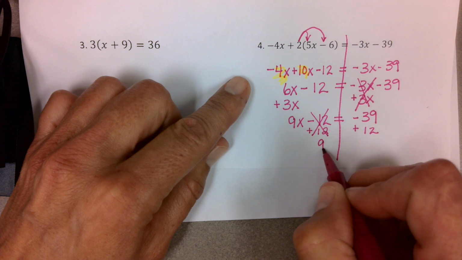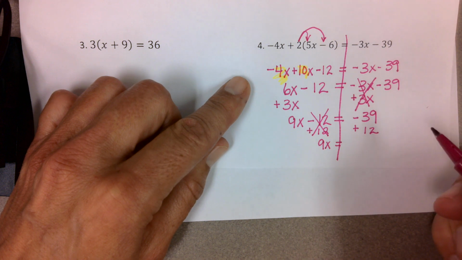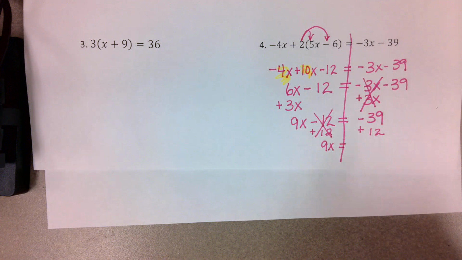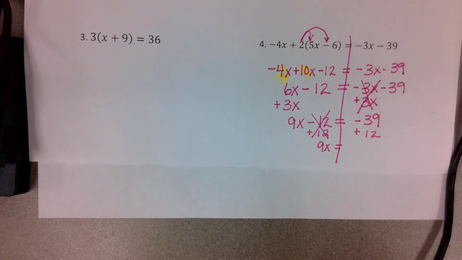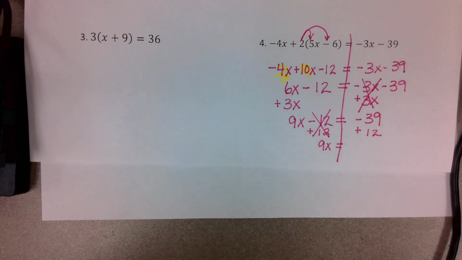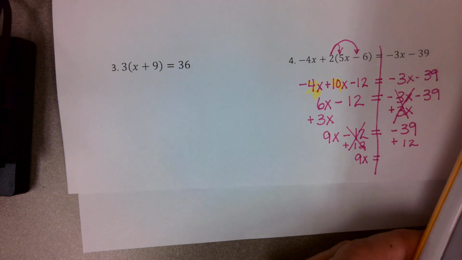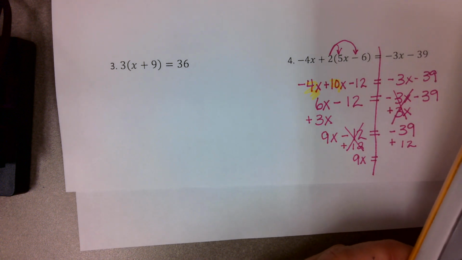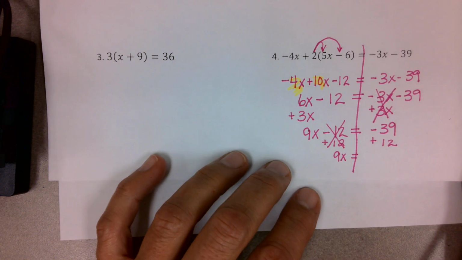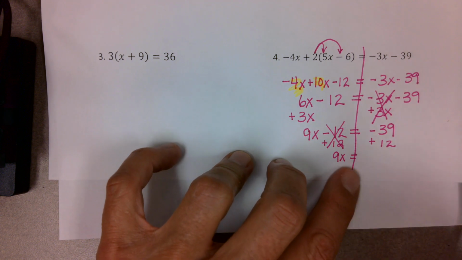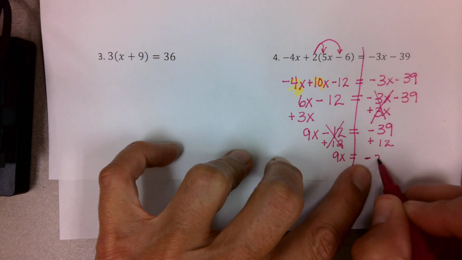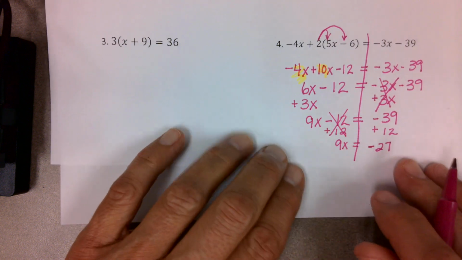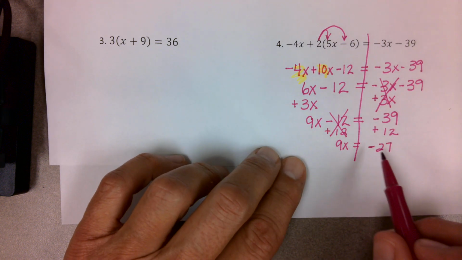You're left with 9x equals a negative 39 plus 12, and make sure you guys use your calculators. Negative 39 plus a positive 12 gives me a negative 27. Now I have 9x equals negative 27.